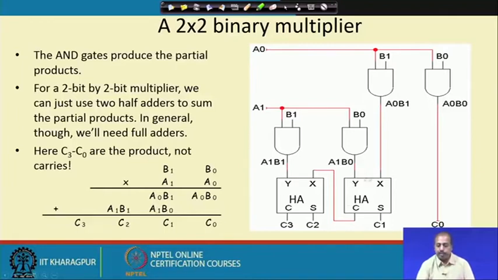I can use a half adder here because there is no carry. From this some carry may be generated, and that carry has to be added with A1 B1. So, A1 B1 and that carry go in, and that will generate the sum C2 and the carry C3. This way I can use this circuitry to get a 2 by 2 binary multiplier.